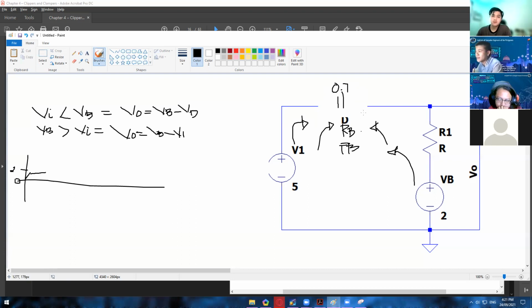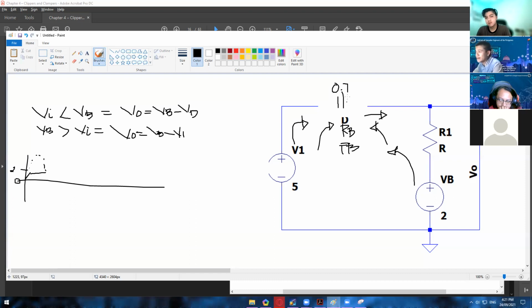And at this point, the only voltage we have is the VB and this voltage source. Okay. And if we follow this one, at this point it is reverse bias. Our flow of current will still go through here, but it will return here at R1 and then our VO, since it is an open circuit now.